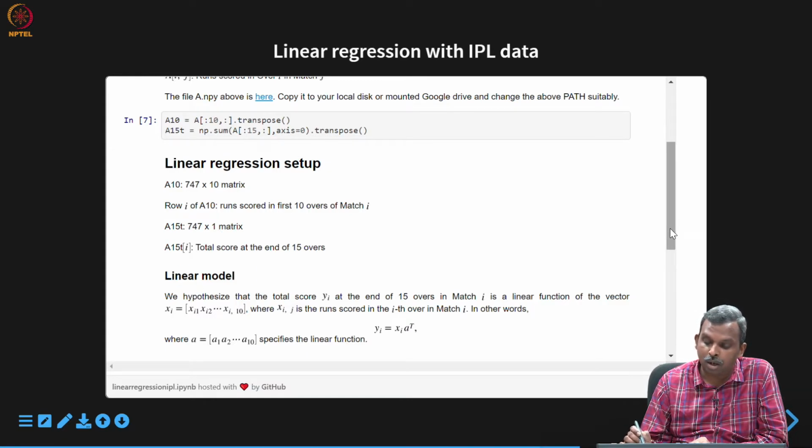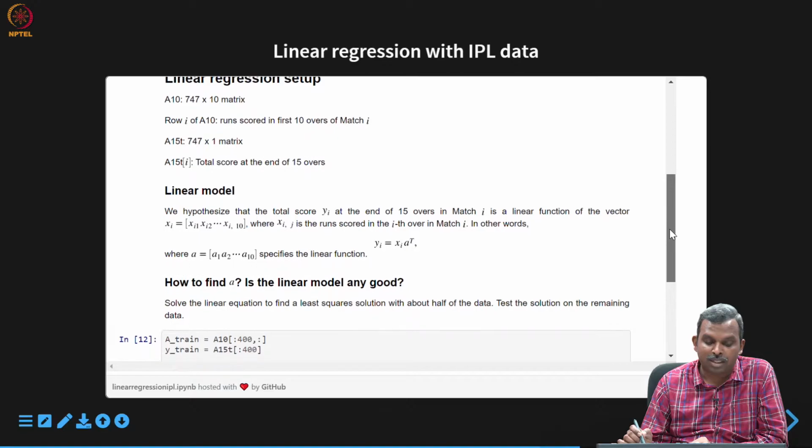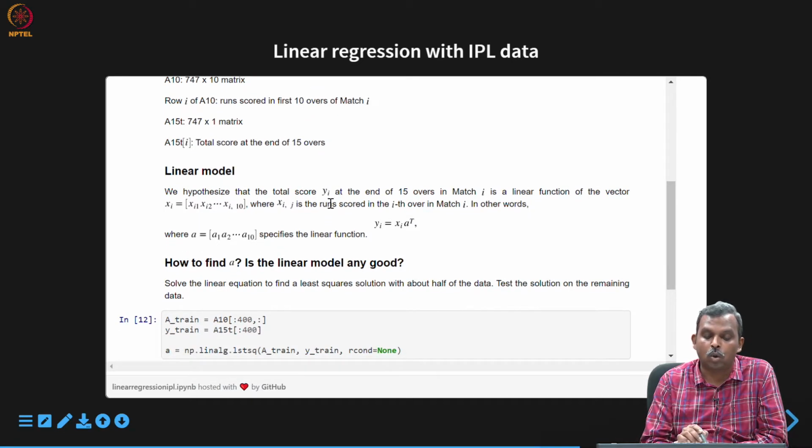So what is this linear model that I'm thinking of? I'm going to hypothesize that the total score yi at the end of 15 overs in match i, okay, is a linear function of the vector xi, which is the runs scored in each of the first 10 overs. Is that okay?